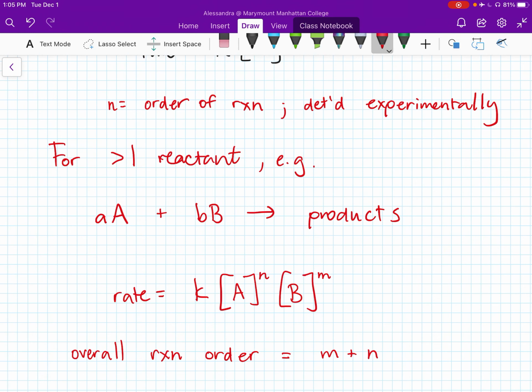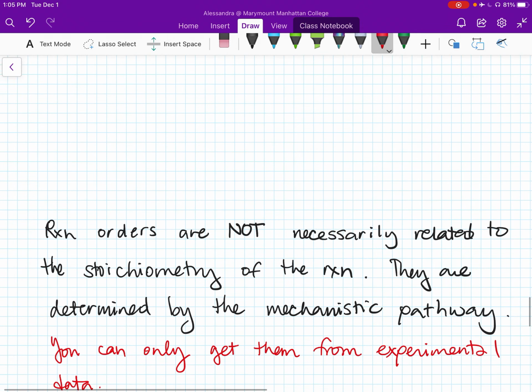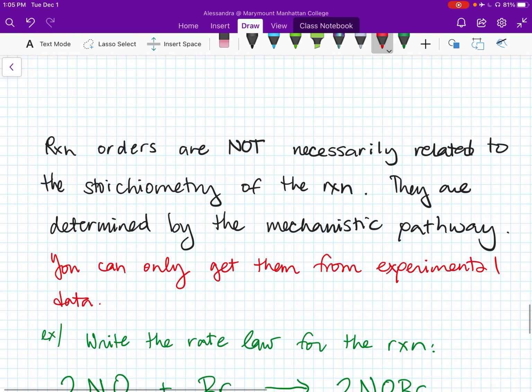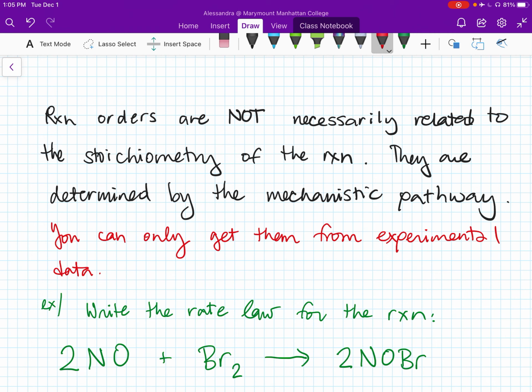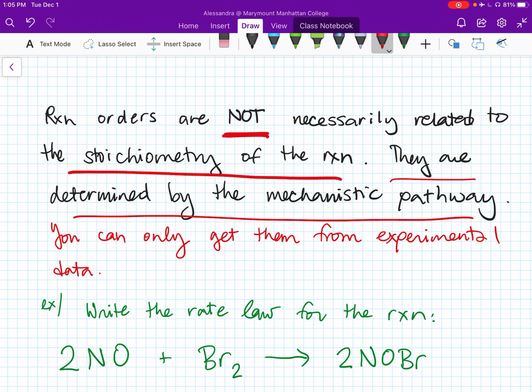Okay, so this might not make much sense until we do an example. Before I do it, I really want to emphasize one more time that reaction orders are not related to the stoichiometry of the reaction. They may appear to be, but that is not what determines reaction order. Reaction orders are determined simply by the mechanistic pathway, how bonds in the reactants are being broken and how new bonds are being formed to make the products.